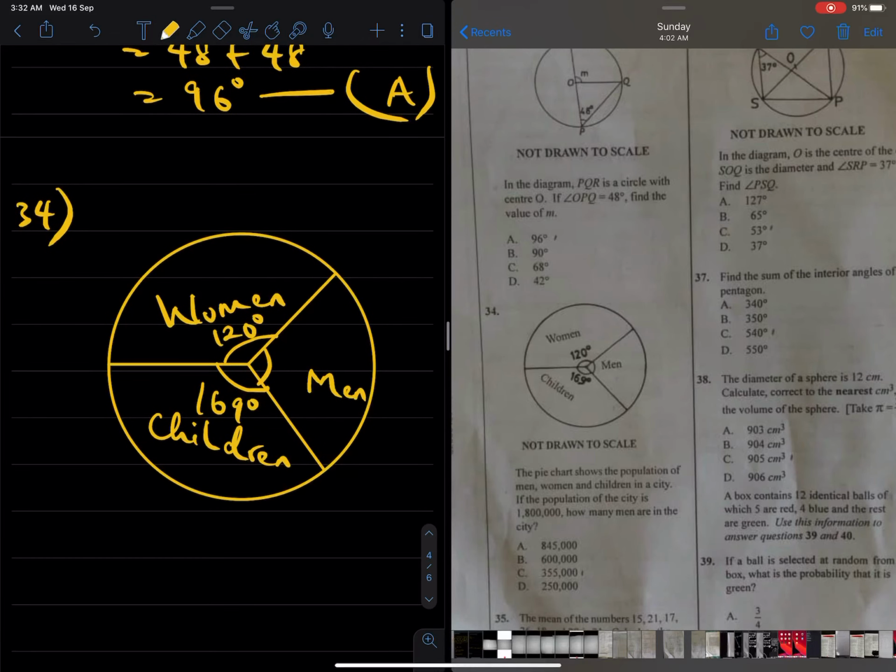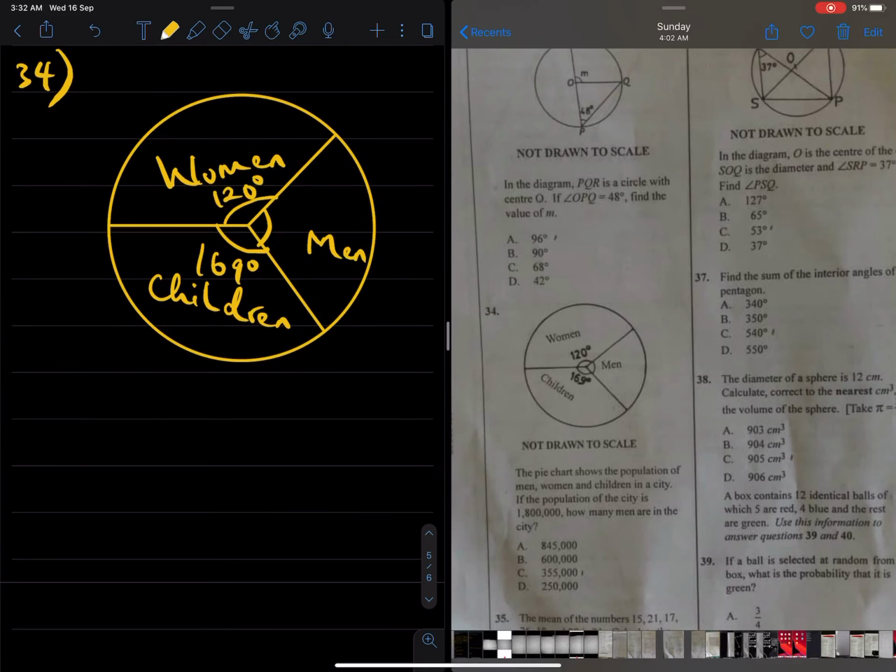The pie chart shows the population of men, women, and children in a city. If the population of a city is 1,800,000, how many men are in the city? Okay. The angle that represents men, let's do that first of all.